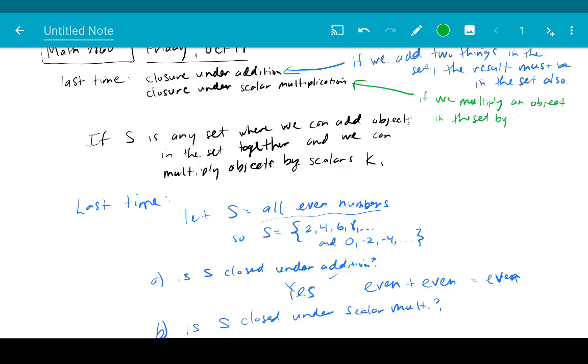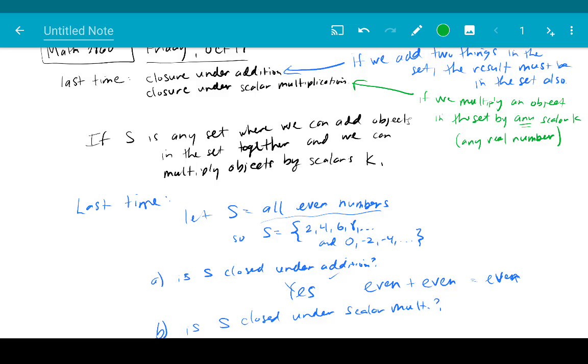Multiply by any scalar, any possible scalar, k. The scalar could be any real number. It doesn't have to be one of the numbers in the set S. It can be any real number, positive, negative, a fraction, a decimal. It could be irrational, like square root of 2 or pi.